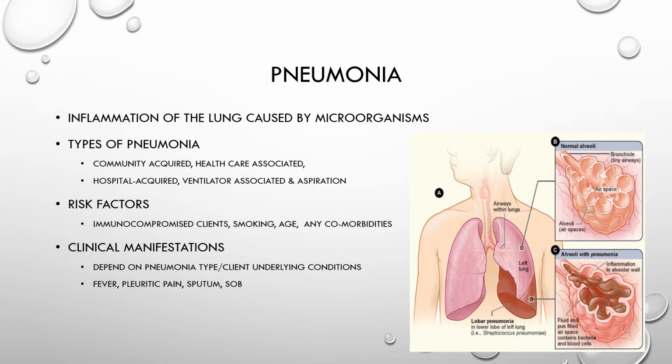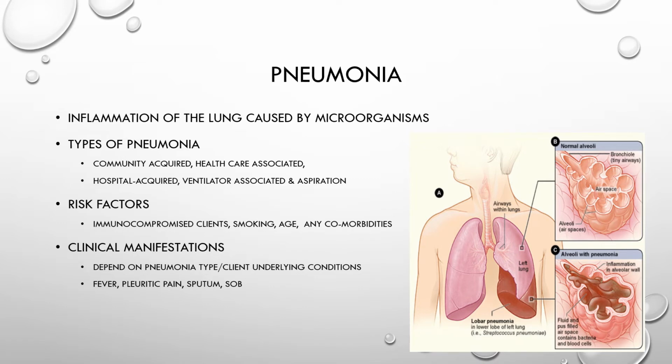Healthcare-associated pneumonia is when the client comes into contact with a healthcare worker. For example, maybe they went and had blood work done as an outpatient. Maybe they went to an outpatient chemotherapy. Hospital-acquired pneumonia is a pneumonia that is acquired while the client is hospitalized.